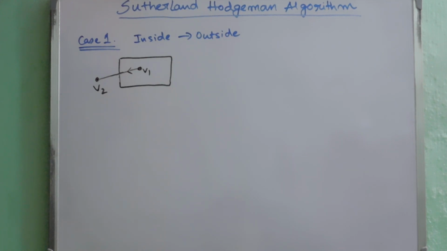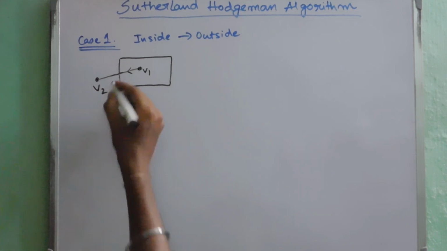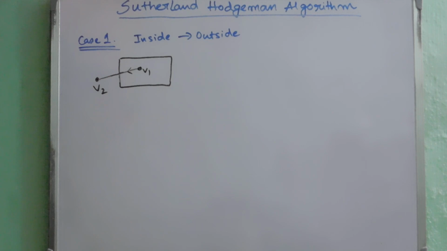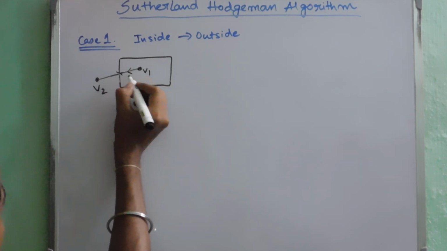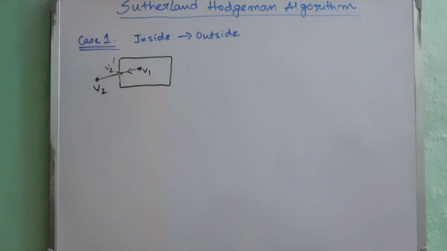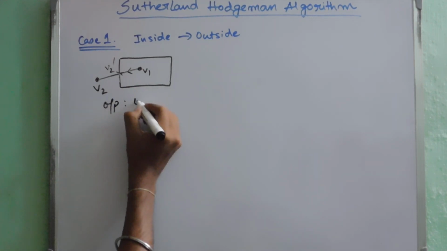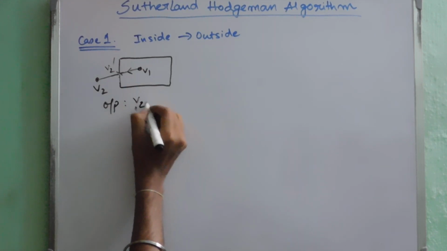Now what will we do? We will just update the edge that is outside as V2 dash. So our output will be V2 dash.